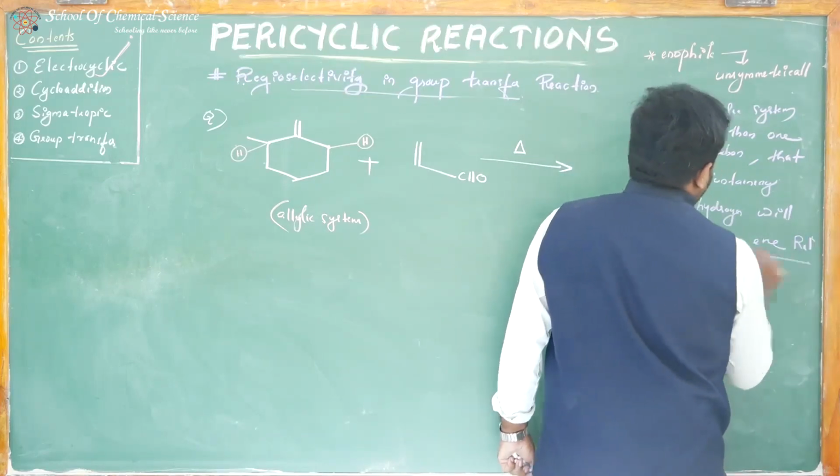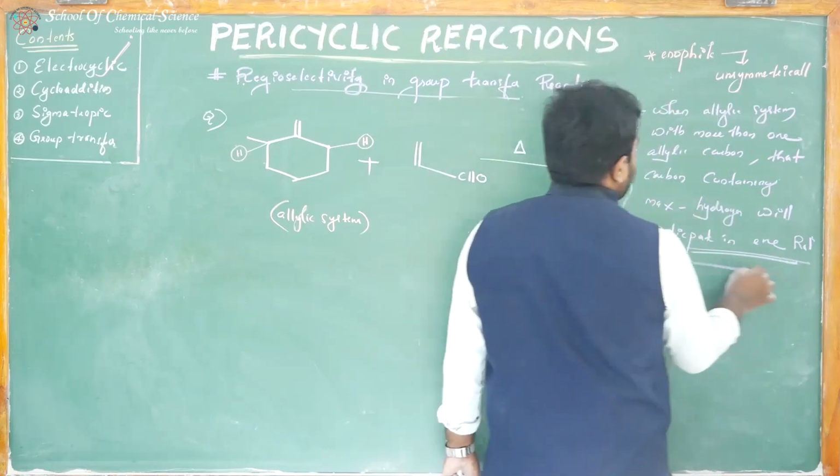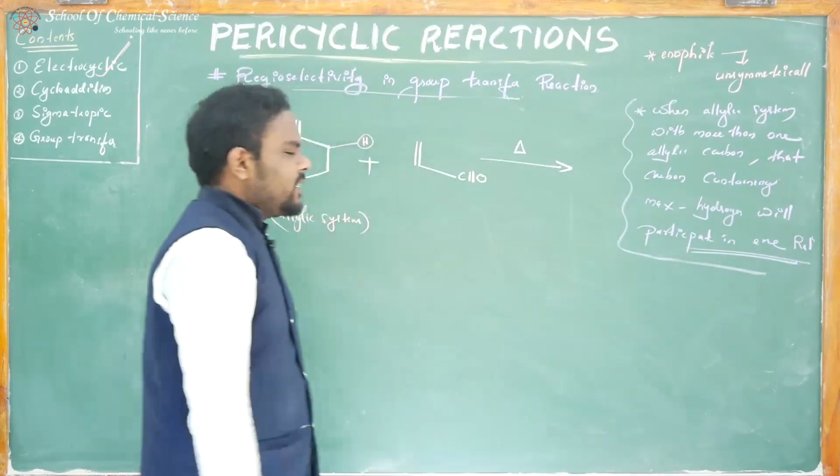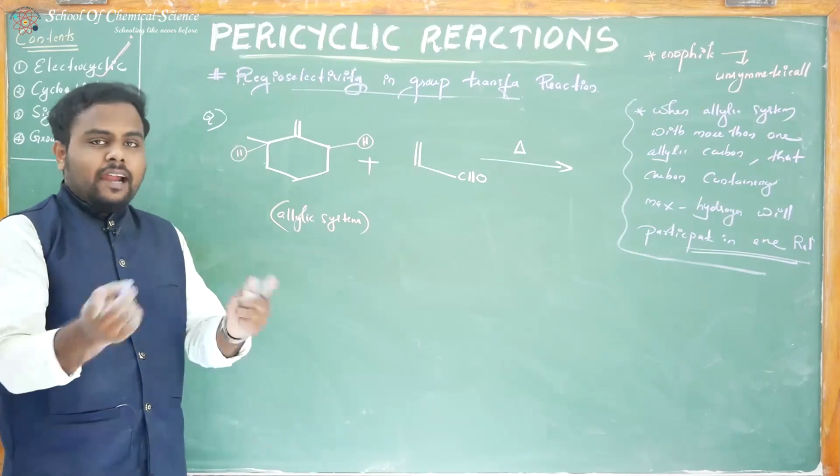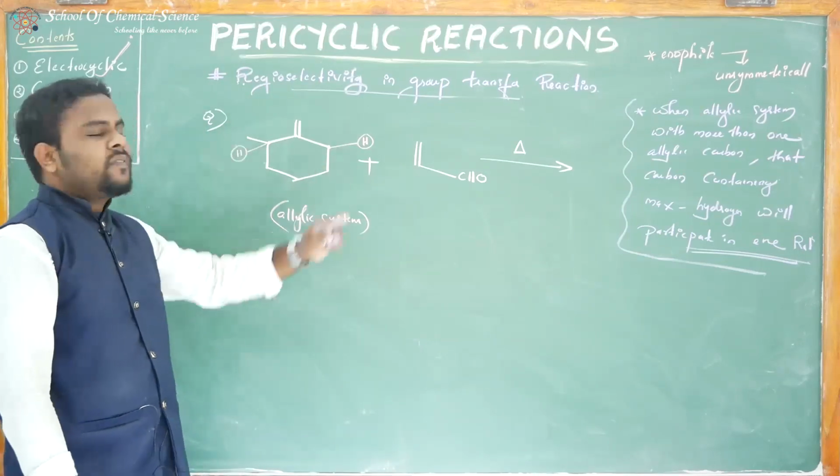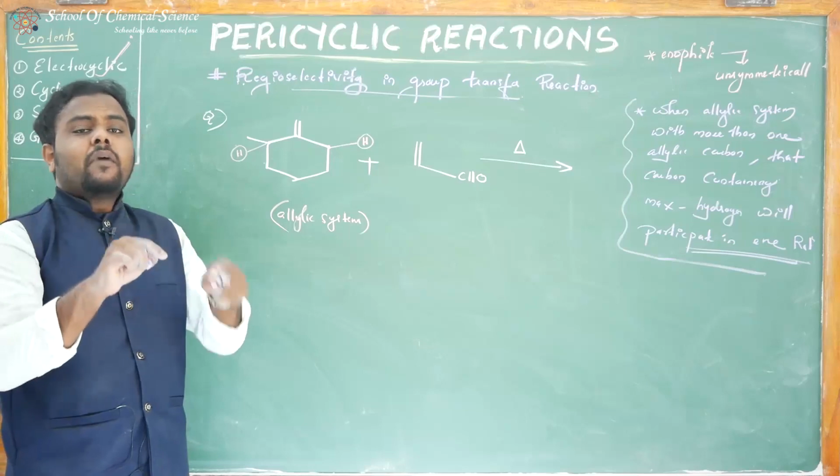That is the key point. Very important. If more than one allylic carbon is there and they are not identical, then which hydrogen will participate? That carbon containing maximum hydrogen.